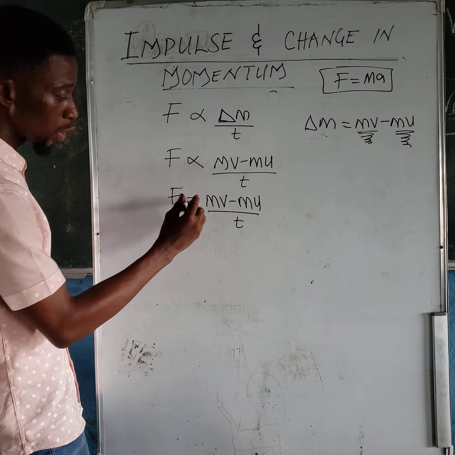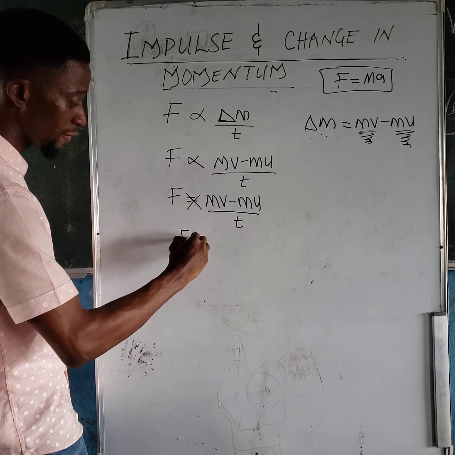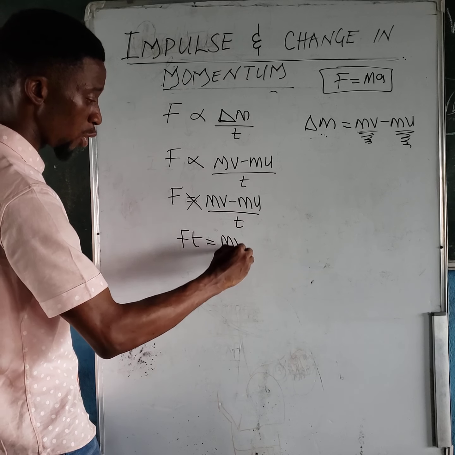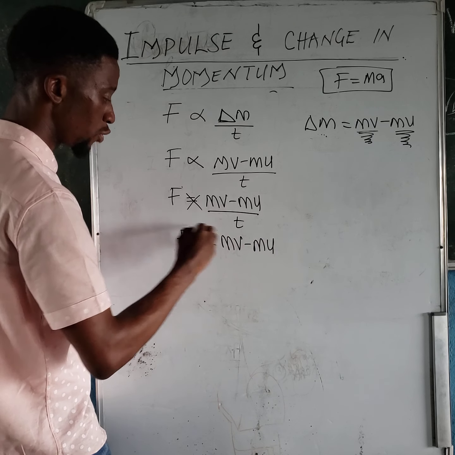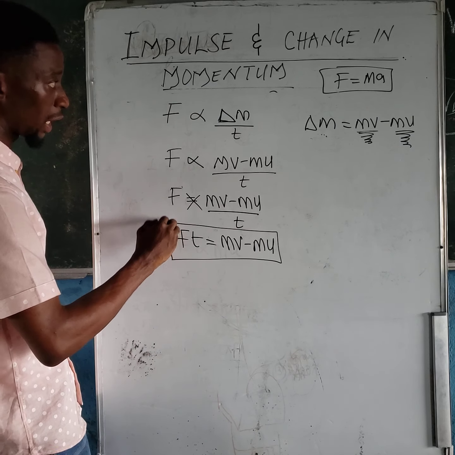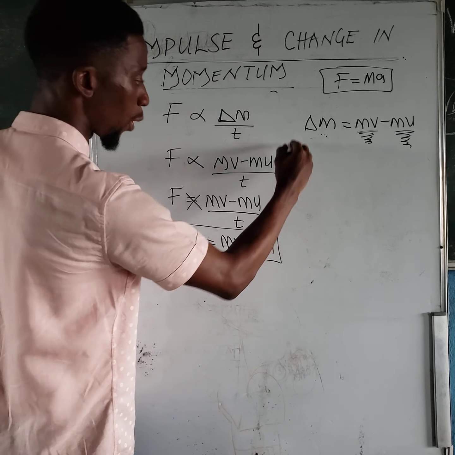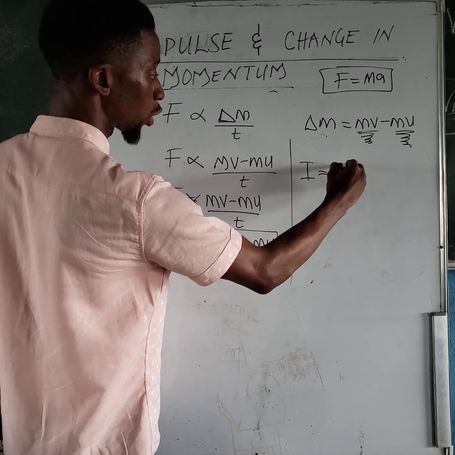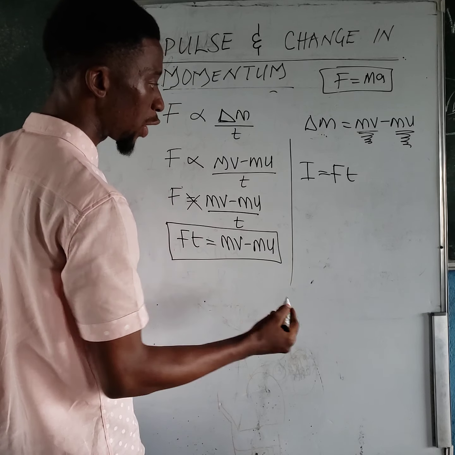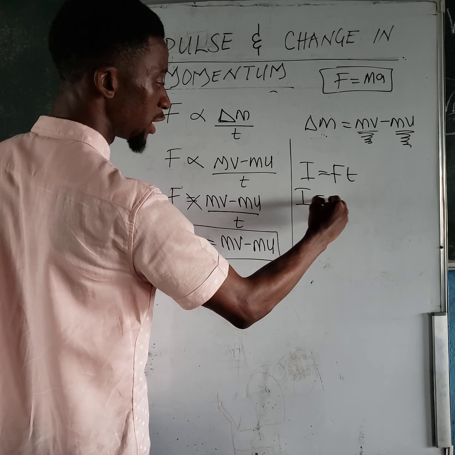So if we cross multiply, we are going to have that Ft is equal to change in momentum, mv minus mu. And remember that we have said from the beginning that impulse I is equal to Ft.